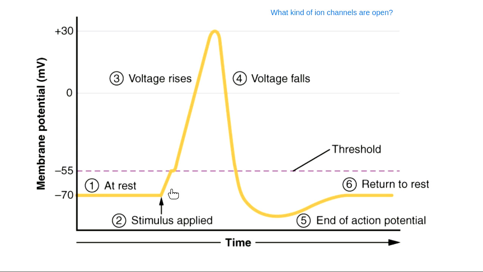When I open enough chemically gated channels, I'm going to change my charge on the membrane all the way up to -55. If my membrane charge gets different enough, now I open up voltage gated channels because my charge has changed.